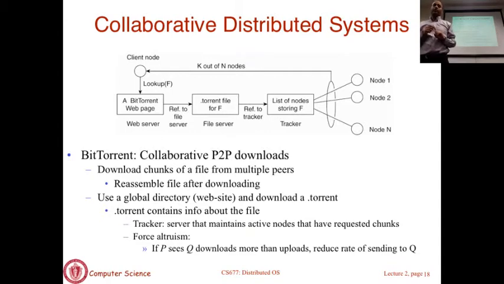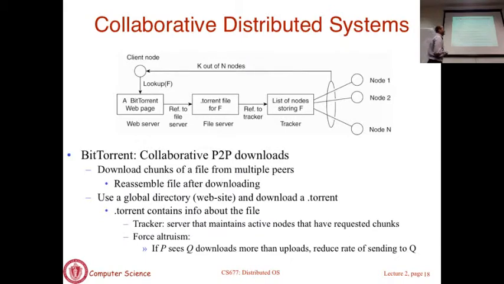Okay? The important thing that BitTorrent enables is this notion of parallel downloads. If you need to download this file, and the assumption is BitTorrent downloads are large files, you don't go to one node and start downloading. You connect to n different machines, all in parallel, and start downloading different pieces of the file, okay? All in parallel.